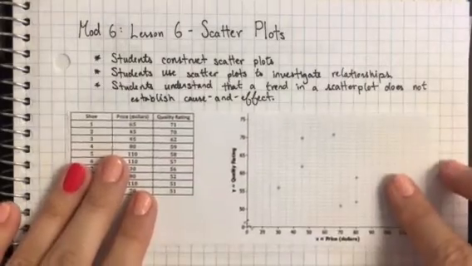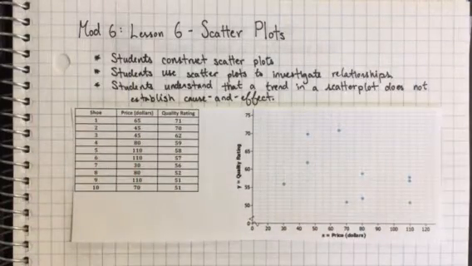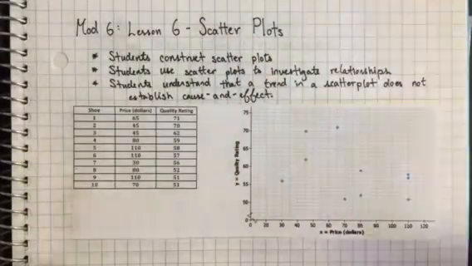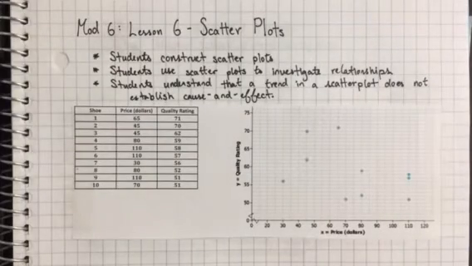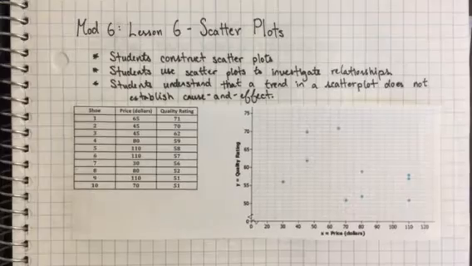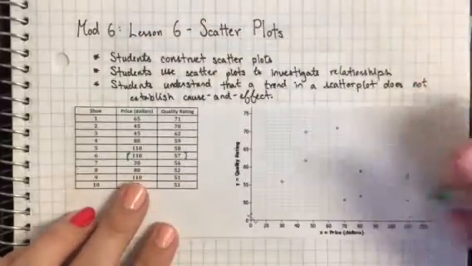So the first thing we're going to do is look at an example. And what we're looking at is the quality versus price for various types of shoes. See how the column says shoe number 1, 2, 3. Imagine those are different brands of sneakers, high tops, whatever you're thinking about.